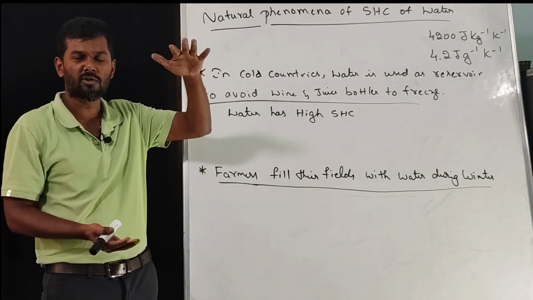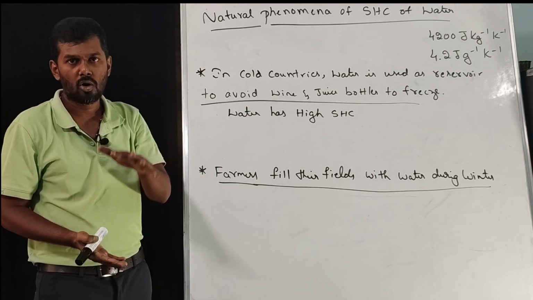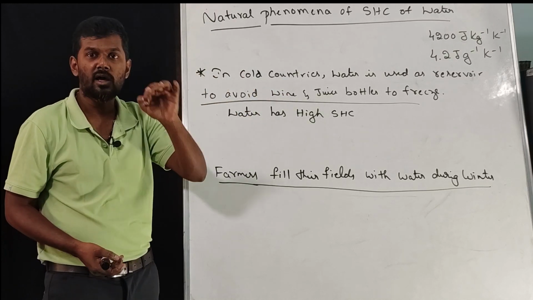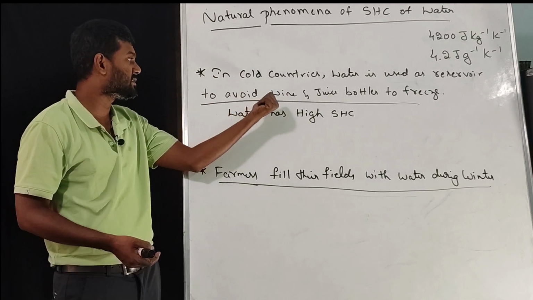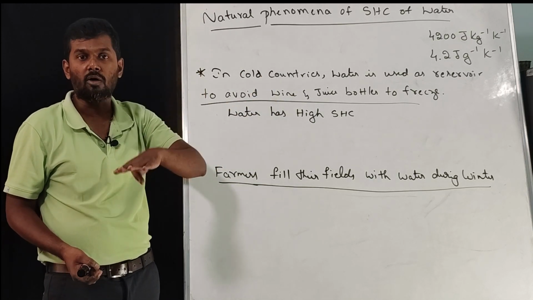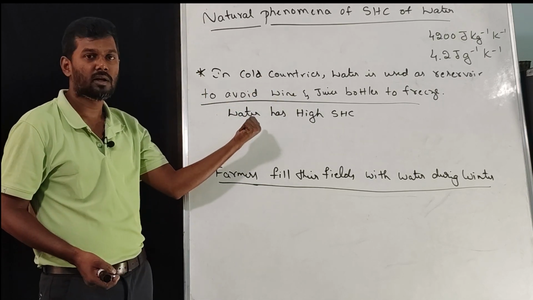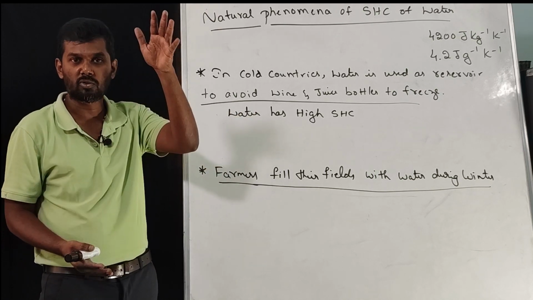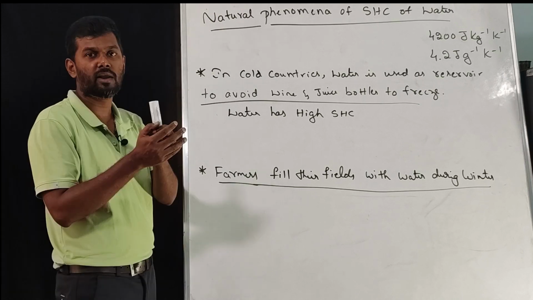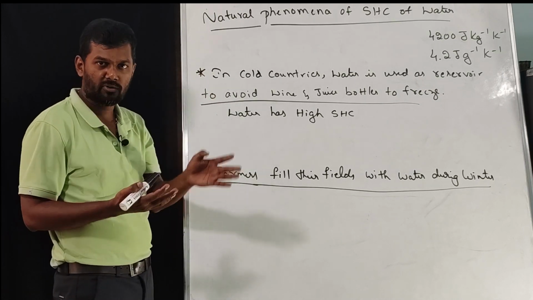During the cold time, it requires a lot of heat energy to go to the freezing point. But wine bottle and juice bottle will go immediately because their SHC, specific heat capacity, is very low. That means they'll freeze faster compared to water. So, water will require a large amount of heat to freeze.